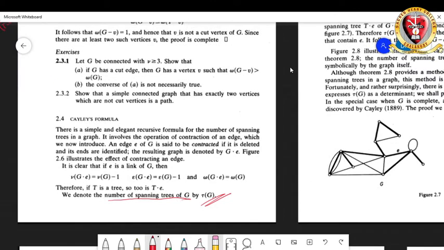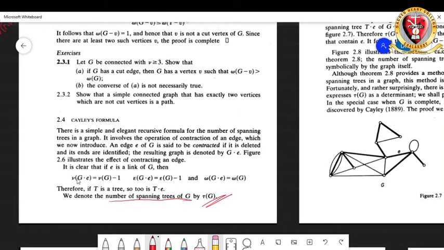We can also think about the number of vertices and edges of G dot E. Because we are just losing one edge, the number of edges of G dot E is equal to the number of edges of G minus 1.